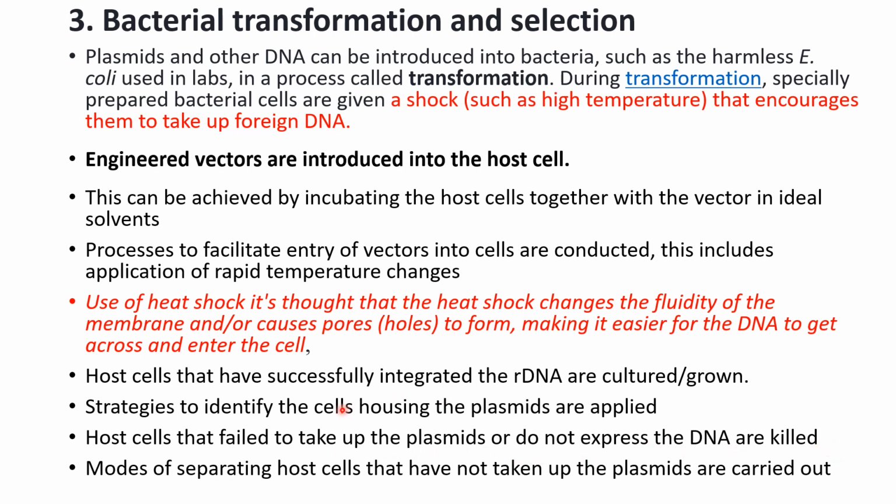After identification of the cells that took up our plasmids, a technique is applied to destroy all cells that do not contain the DNA of interest, so that we can grow or clone the cells that have our DNA of interest. Then modes of separating host cells that have not taken up the plasmids are carried out.